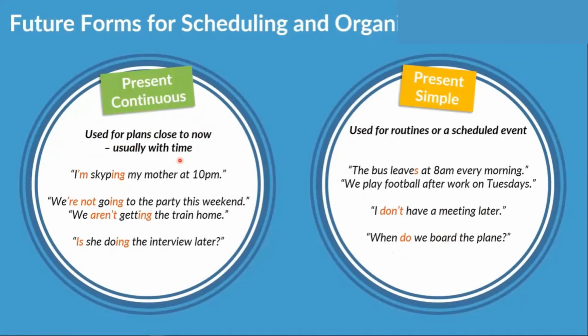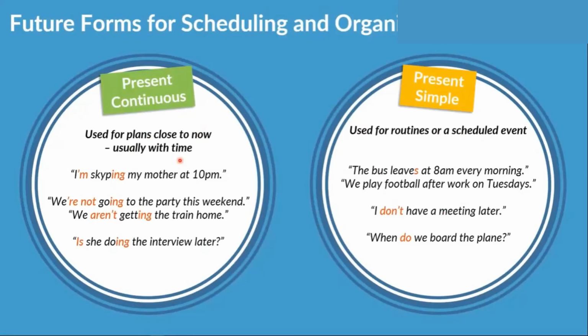I am visiting France next week. Or I am visiting my friend in France next week. So if it's close to now, we would use the present continuous. In general, we would use going to.